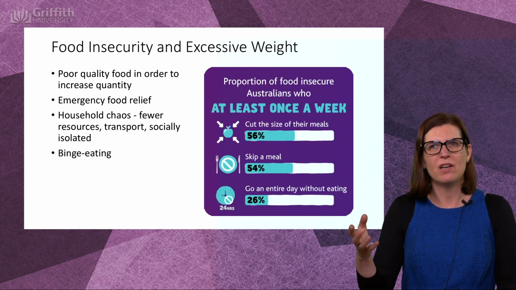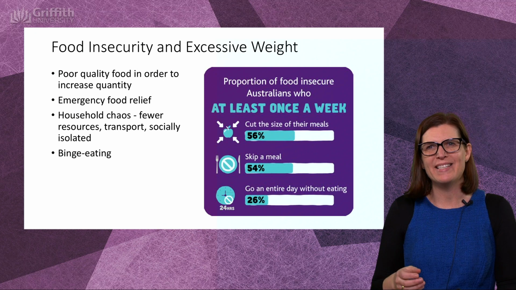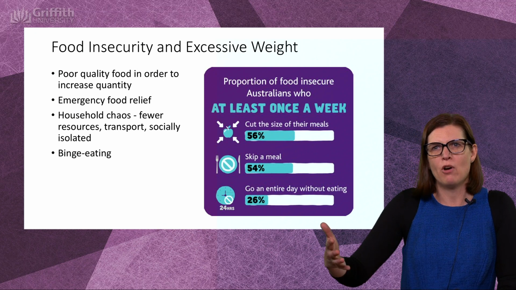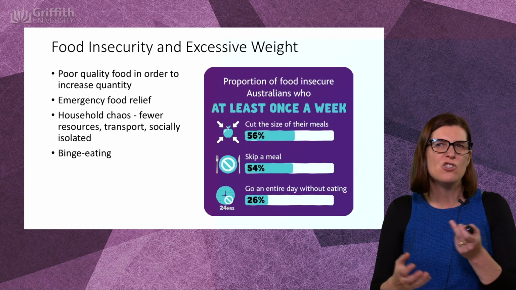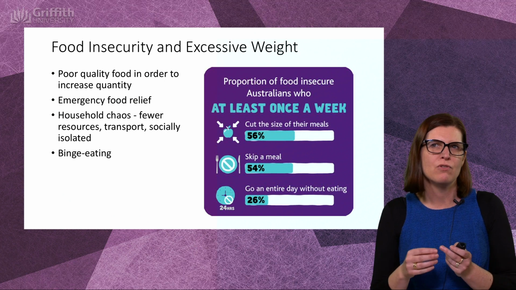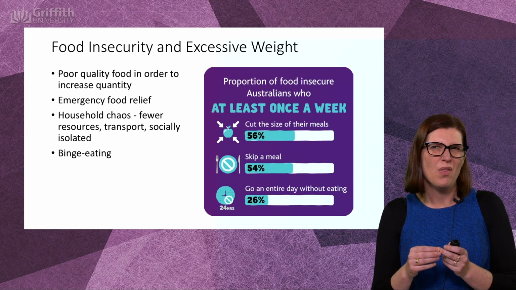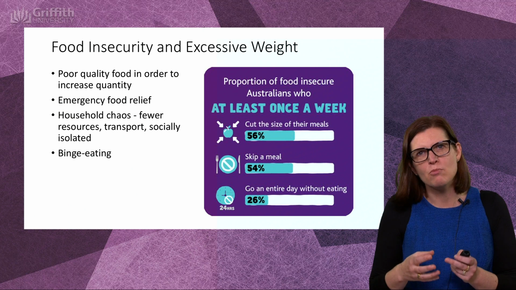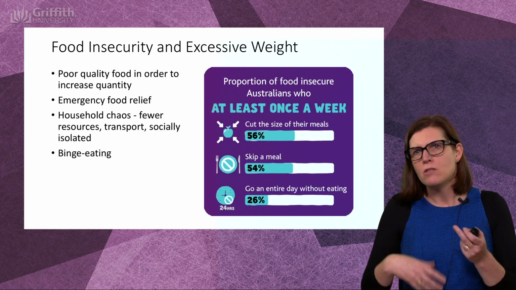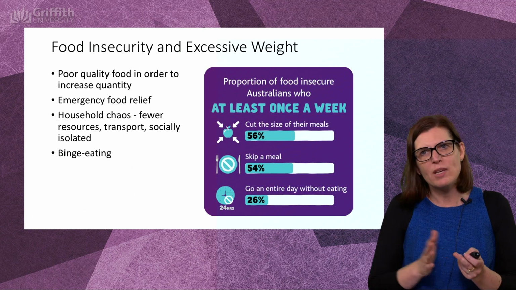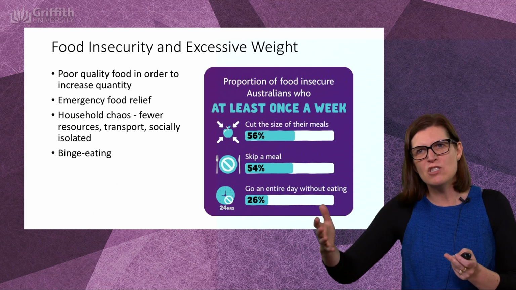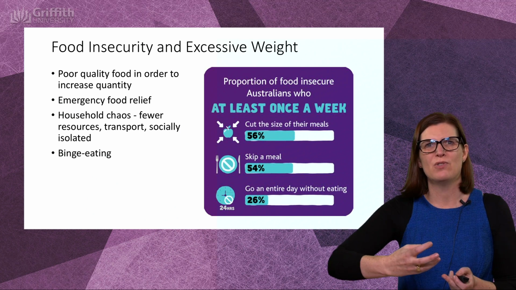So you can't really put your great bunch of bananas into a food parcel that might not go out until next week. So there's issues there in terms of the quality of food. So if that's what you've got, that's what you've got. Your choices are much more limited. So obviously that's going to lead to excessive weight if there's issues in terms of sourcing those other foods.